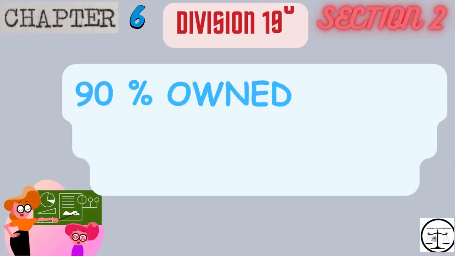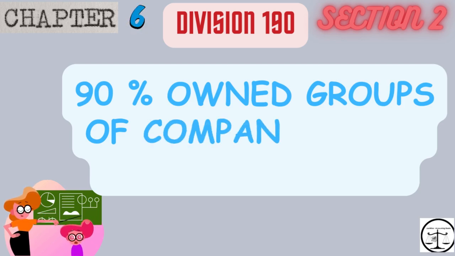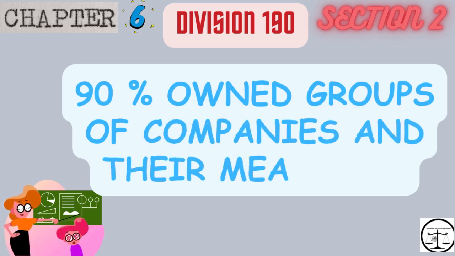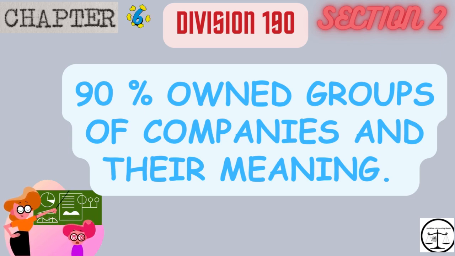Second part of this video is Division 190 of GST Act. This division also belongs to Chapter 6, interpreting this Act. Friends, Division 190 explains about 90% owned groups of companies and their meaning.